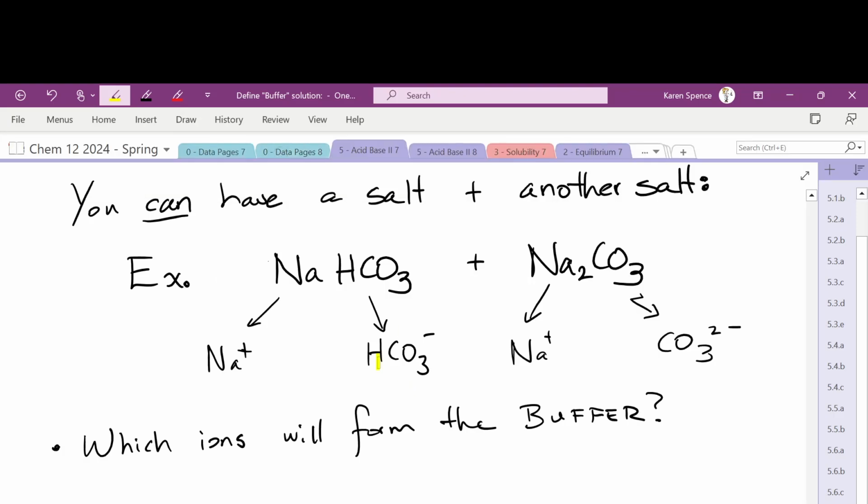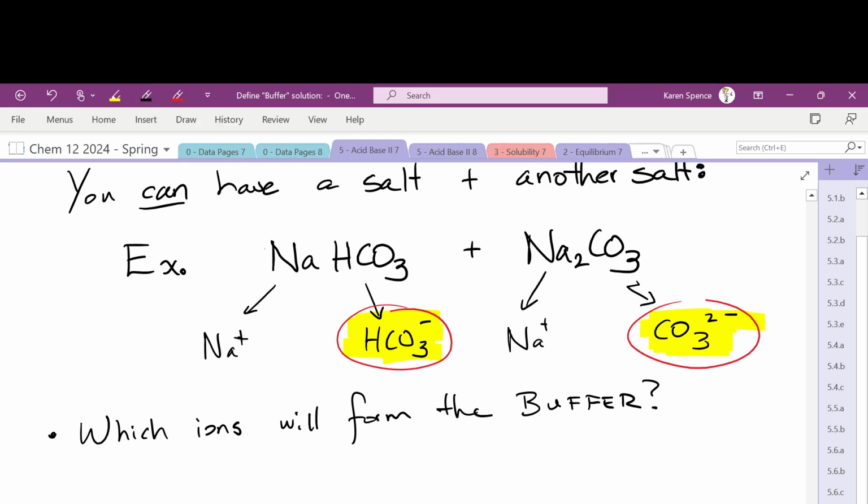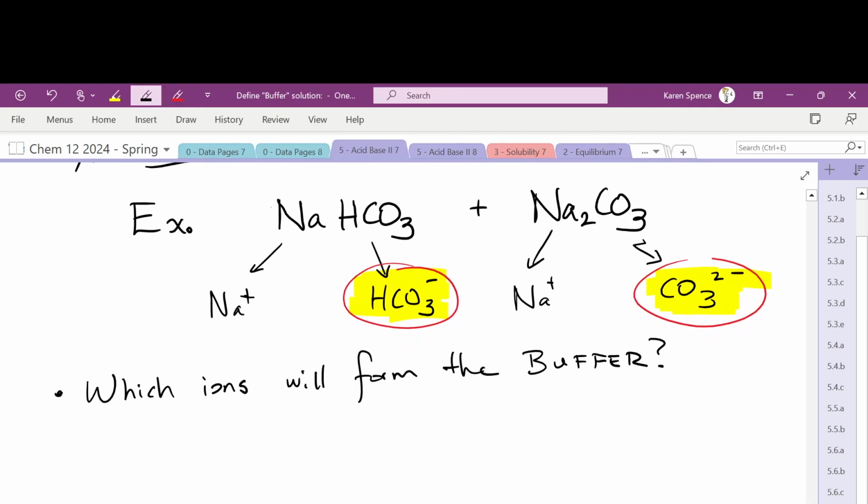HCO3 minus. Whoops, I'm erasing instead of highlighting. That's not helpful. HCO3 minus and CO3 minus, okay? Because then you can get this equilibrium set up.